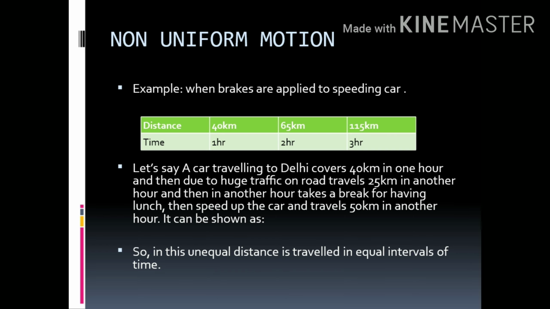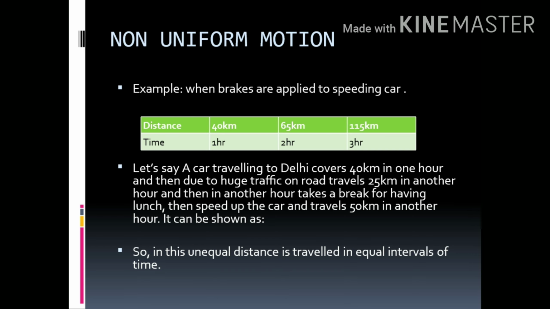Let us take this example when brakes are applied to a speeding car. In this case, the car travels 40 km in the first hour, in 2 hours it covers 65 km, and in 3 hours it covers 115 km. Let us split the journey in equal intervals of time, and we are taking the interval as 1 hour.